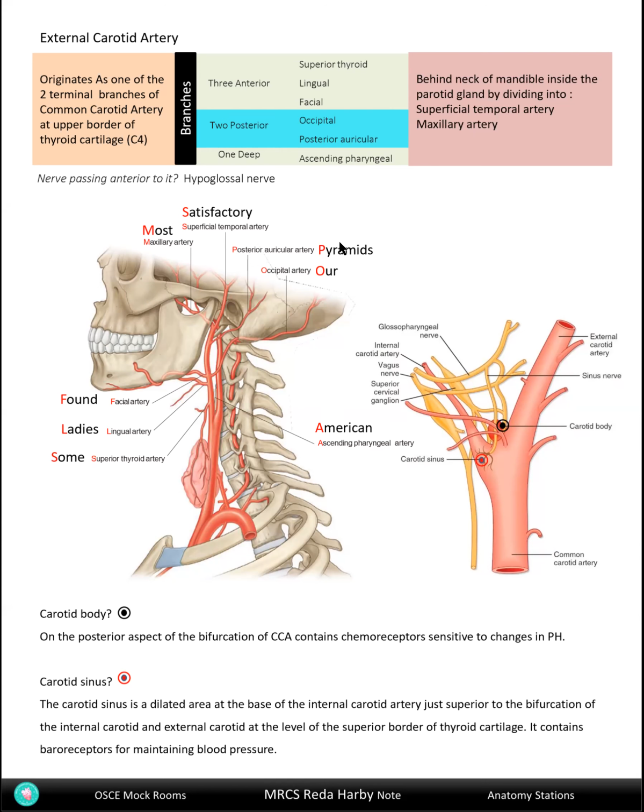What are the branches of the external carotid? Branches of the external carotid: 3 anterior, 2 posterior, 1 deep.